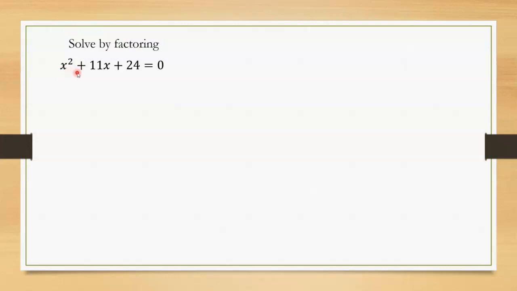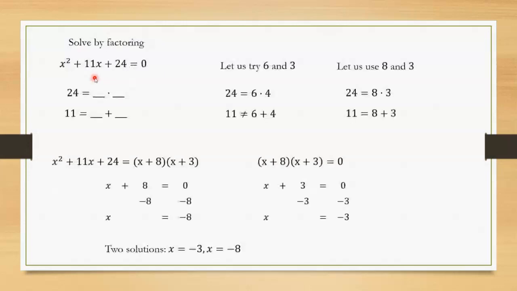So we can factor this by simply finding 2 numbers whose product is 24 and whose sum is 11. So in other words, we want to fill in the blanks over here. We want 2 numbers whose product is 24 and whose sum is 11.